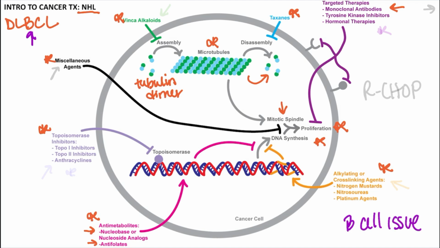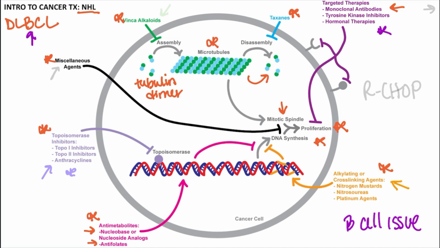So now that we know that this is a B-cell issue, let's move on and discuss the components of one of the most common treatment regimens for diffuse large B-cell lymphoma, R-CHOP, which stands for rituximab, a monoclonal antibody, and cyclophosphamide, which is an alkylating agent. The H in R-CHOP stands for hydroxydaunorubicin, also known as doxorubicin, which is an anthracycline, a topoisomerase inhibitor.